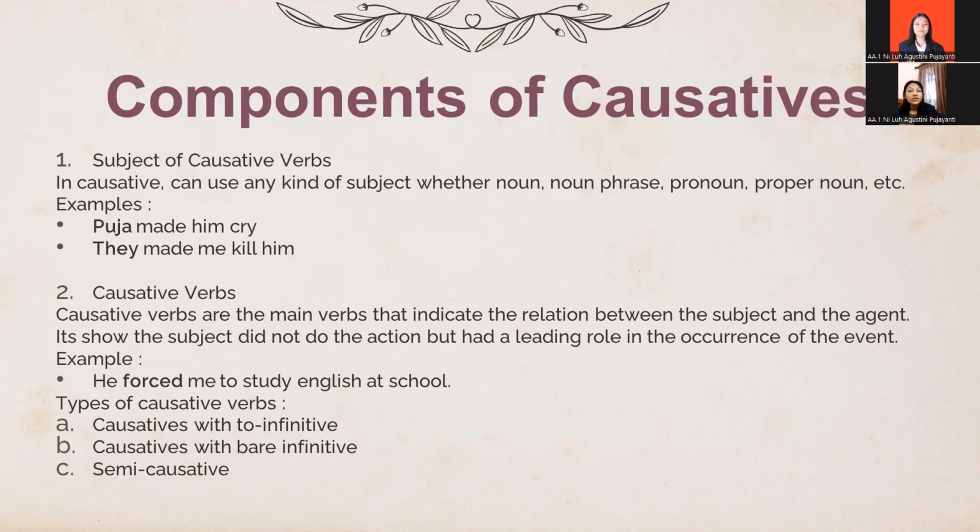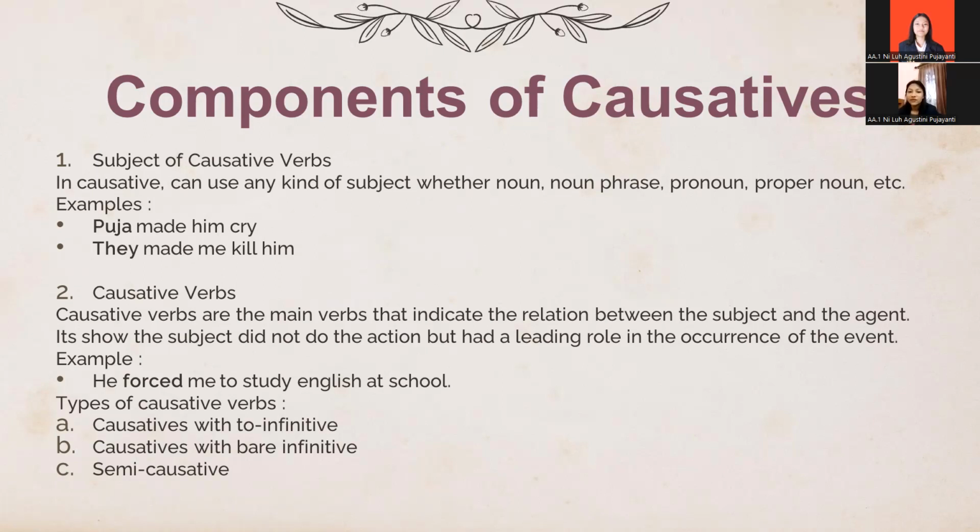You can use any kind of subject, whether noun, noun phrase, pronoun, proper nouns, etc., as the subject of a causative sentence. So here are a few samples. Puja made him cry. They made me kill him. In these causative sentences, they use subject pronouns: Puja as she, and they.